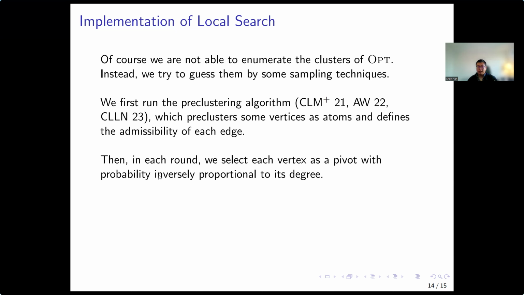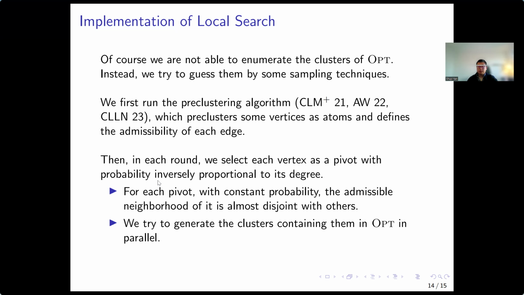So in one round, we can have many pivots. And we know that for each pivot, with constant probability, the admissible neighborhood, which are the vertices that are allowed to be together with that pivot, is almost disjoint from the others.